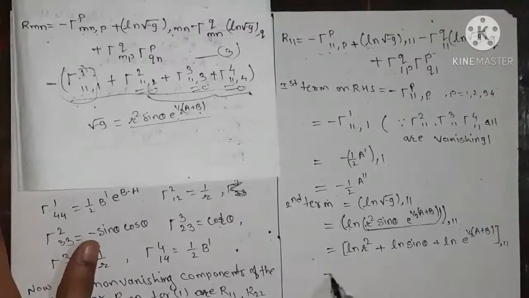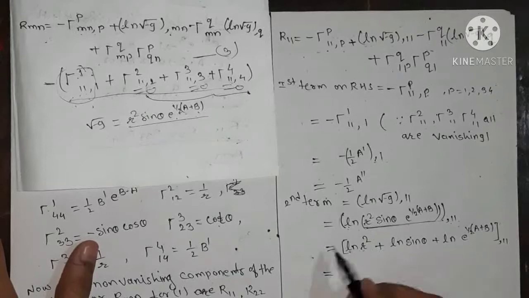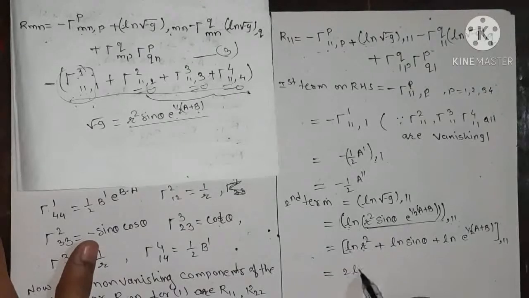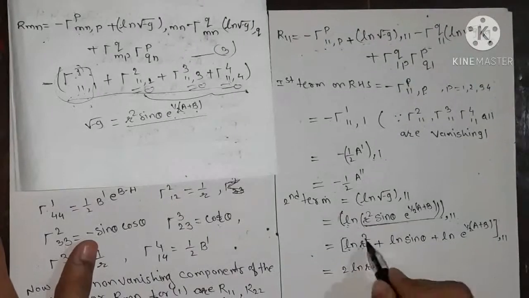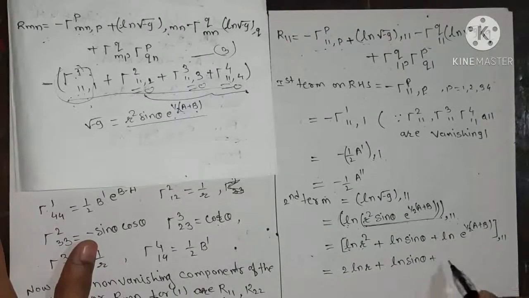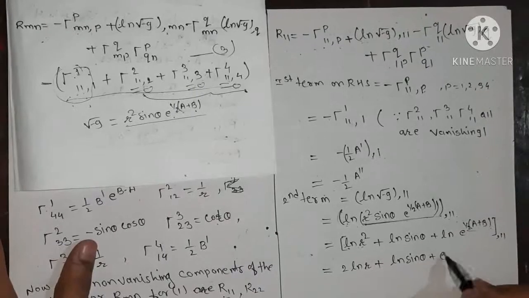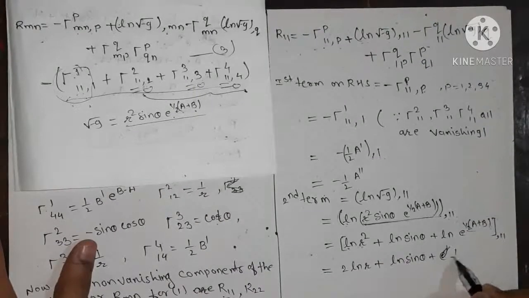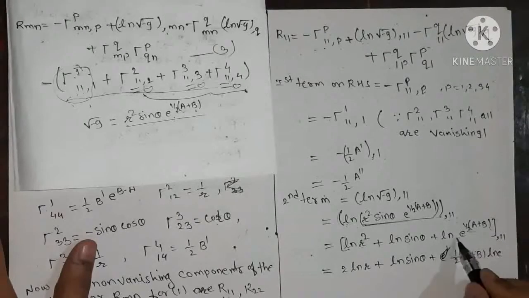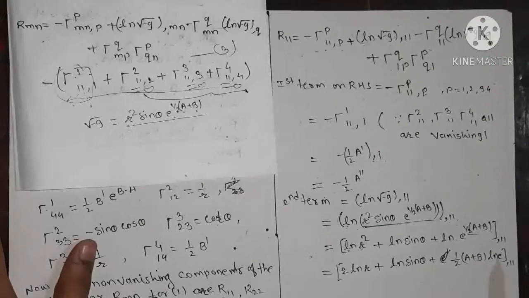Again using the logarithmic rule, the power comes in front: 2 log of r plus log of sine theta as it is, plus 1 upon 2 a plus b times log of e, and log of e is equal to 1, comma 1 1.